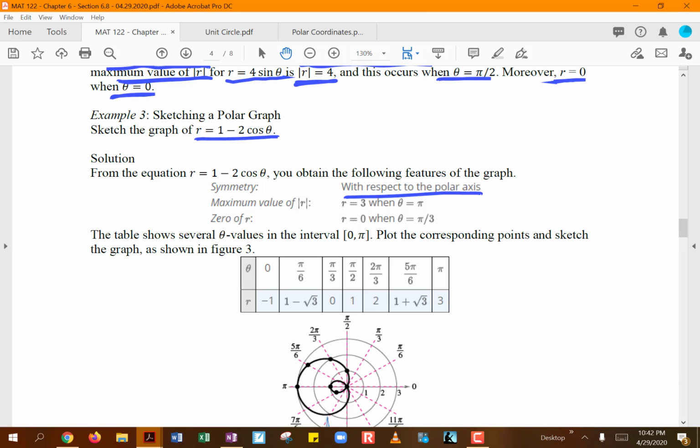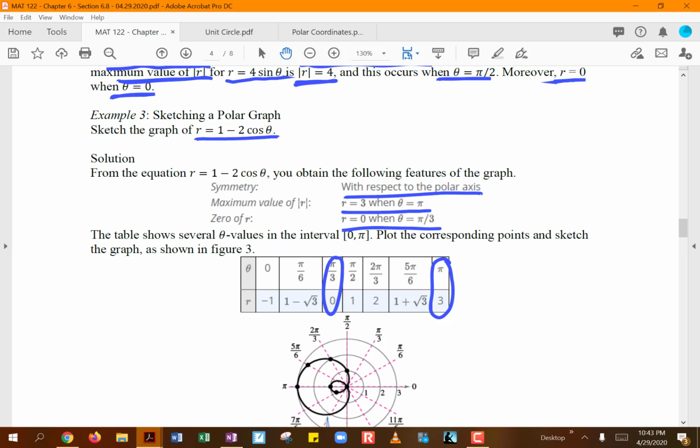Your maximum value of r, again, look at this table here going from 0 to pi. You will see my maximum value is going to be right here at the number 3, which happens at angle pi. And then I have the value of 0 for my r value when my angle is pi over 3.